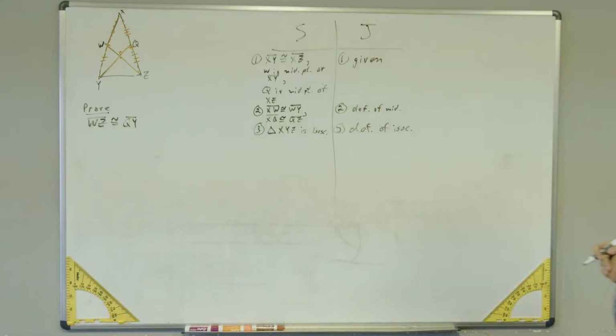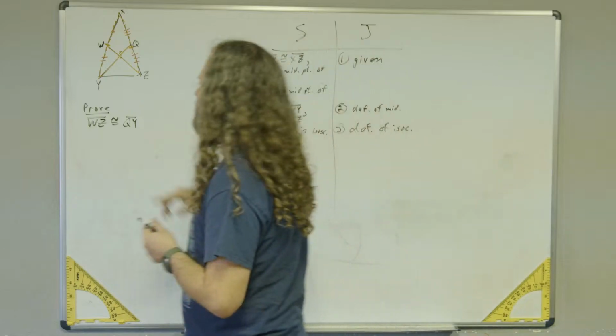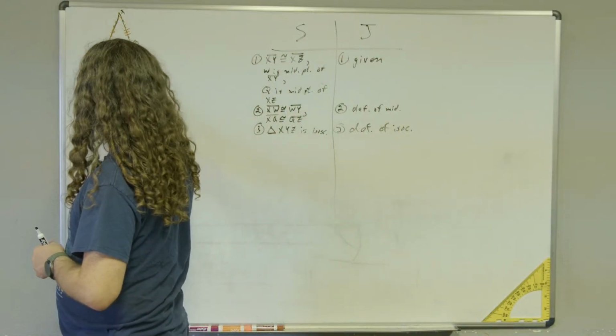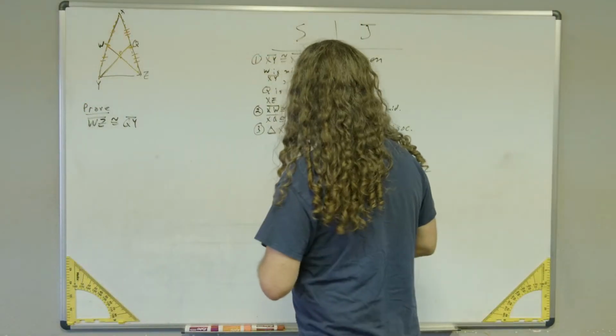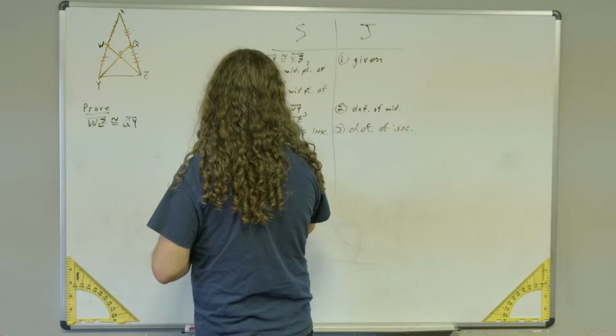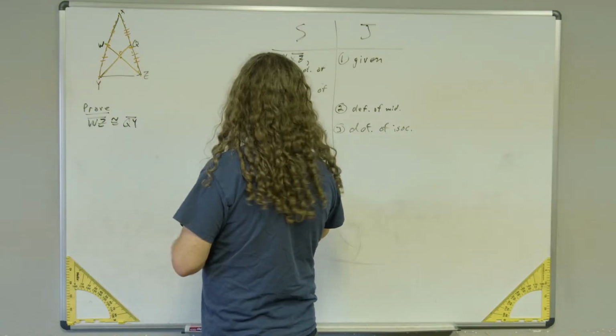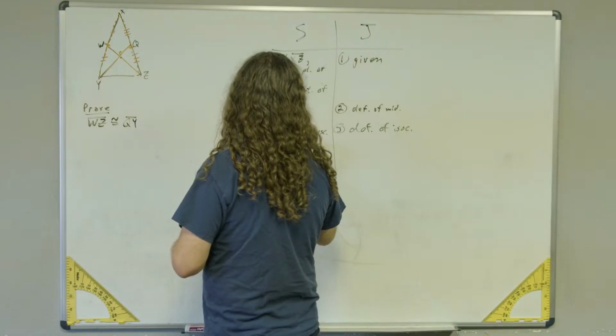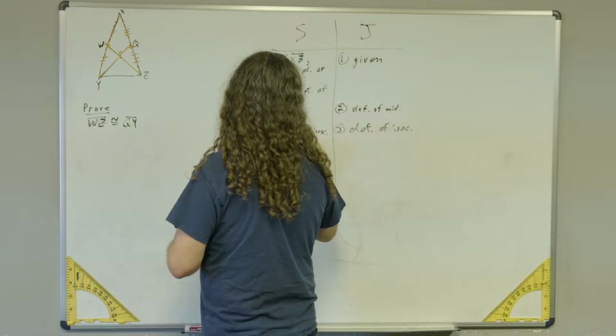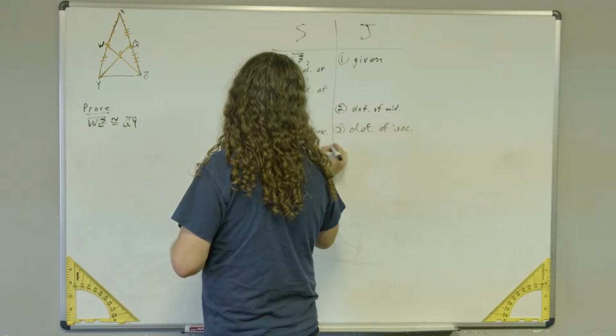Great. What does that tell us about some of its angles? Yes, XYZ and XZY. The base angles are congruent, right? Okay, so we can say that angle XYZ is congruent to angle XZY.